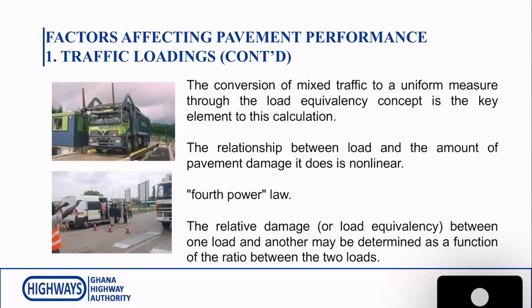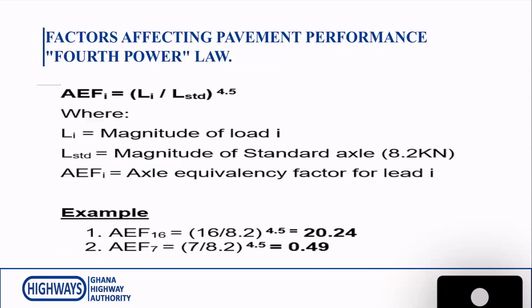So the next slide will show you that the axle equivalency factor of a particular load I, which is divided by the standard load raised to the power 4.5, would show you that if you have, for example, the example shown below, a standard load of 8.2 tons, and then another load that is double that passes over the road, it means that the damaging effect will be 20 times the one that is standard.